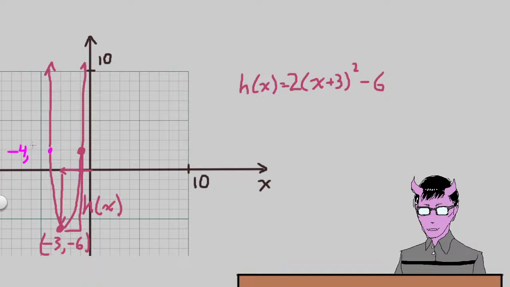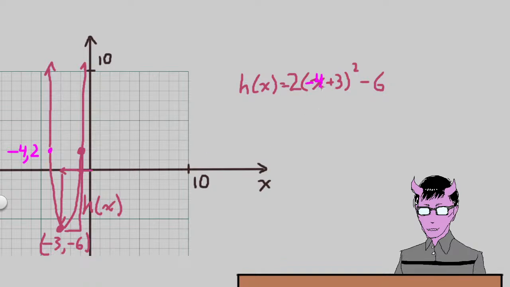So negative 4 comma 2. If you plug in negative 4, that's negative 1 squared is 1. 1 times 2 is 2. 2 minus 6 is negative 4. So, wait. That's interesting. Did I miscount? 1, 2, 3, 4. Positive 2. Yeah.